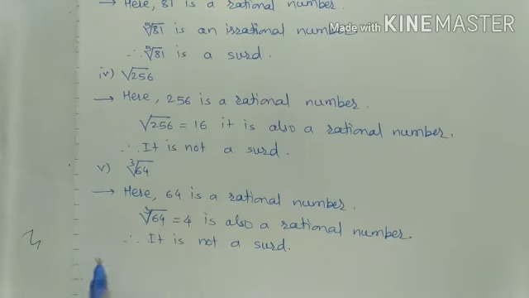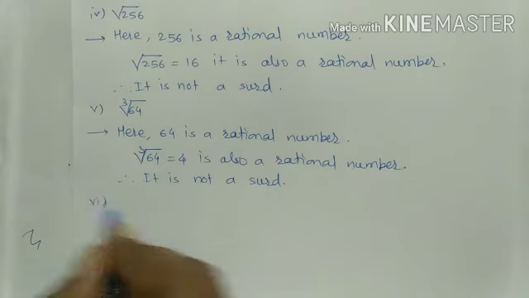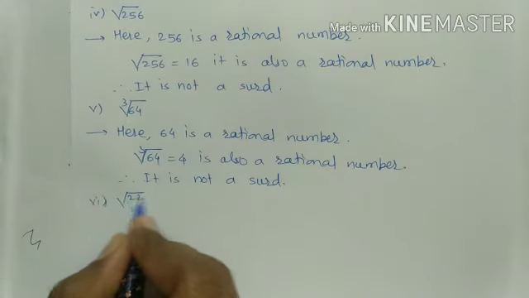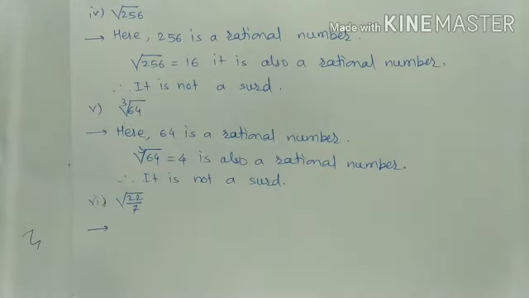Then the next example is example number 6. This is the square root of 22 upon 7.